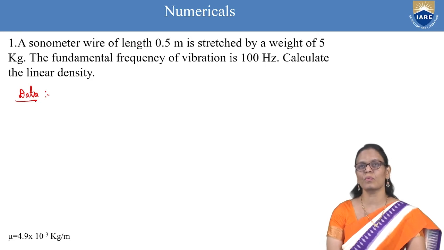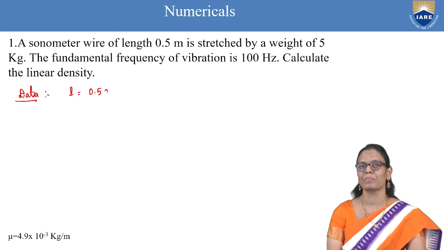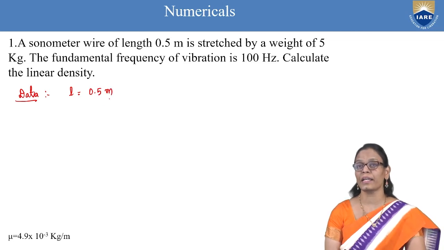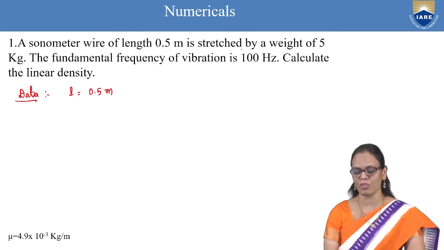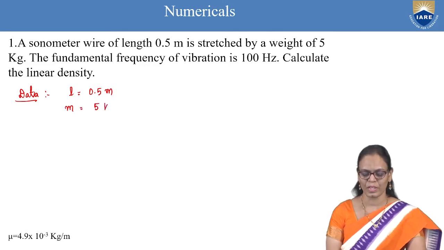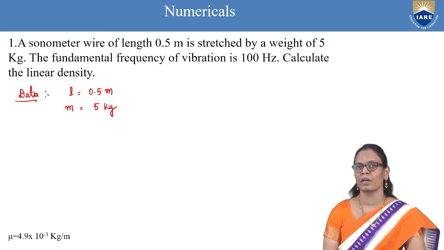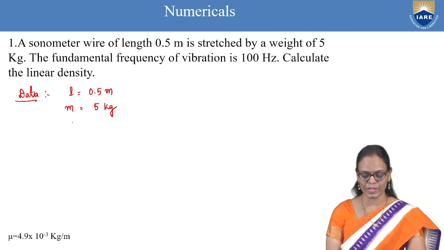So the length of the wire is given, L is equal to 0.5 meter. It is stretched by a weight of 5 kg. Here weight or the mass is given, that is 5 kilogram. And the fundamental frequency of vibration, N, is equal to 100 Hertz.